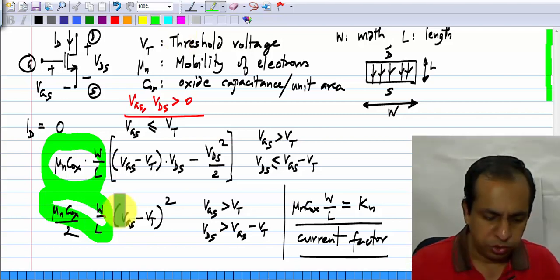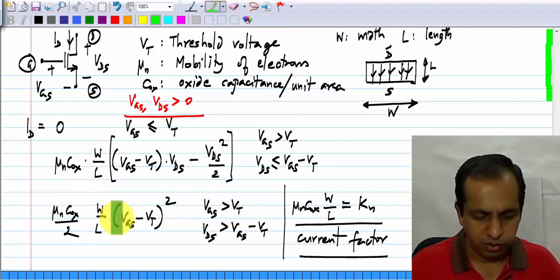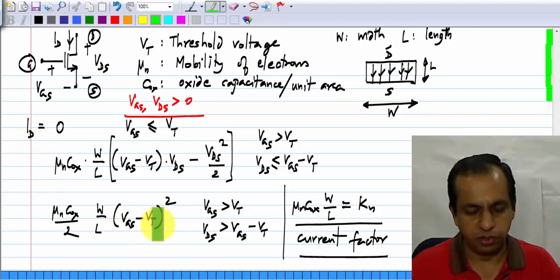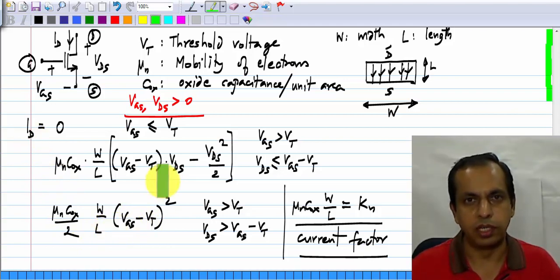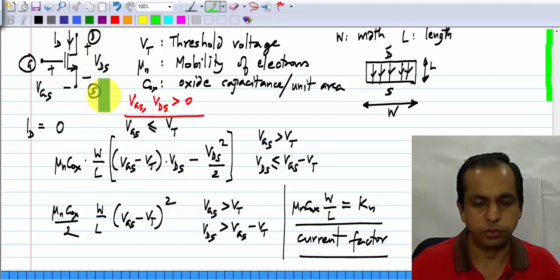Now, earlier I showed you only this expression, the last one. Why is that? Because in this case, you can see that the drain current strongly depends on the gate source voltage, the voltage at port 1, and it does not depend on port 2 voltage, the drain source voltage, at all.